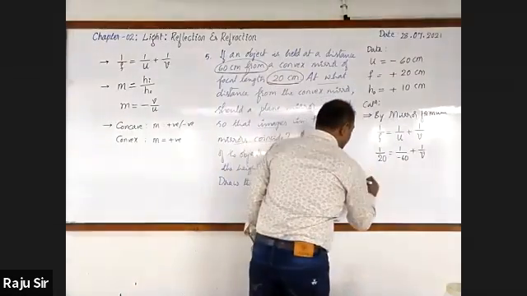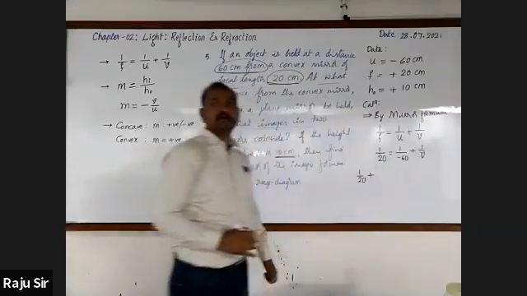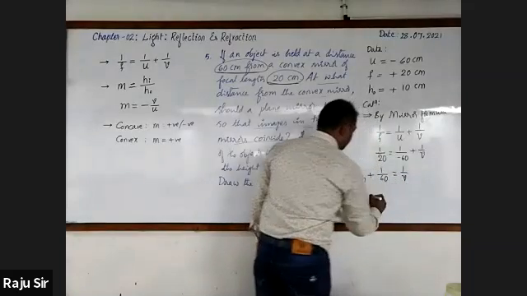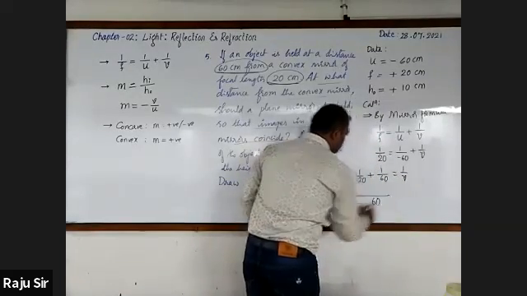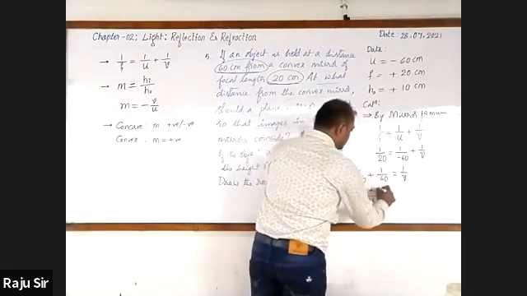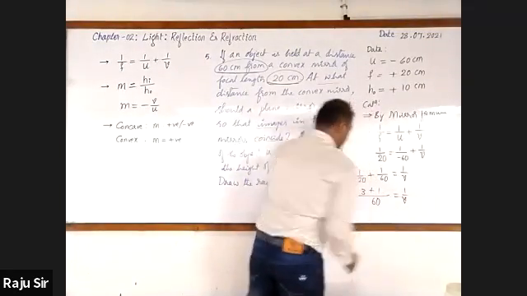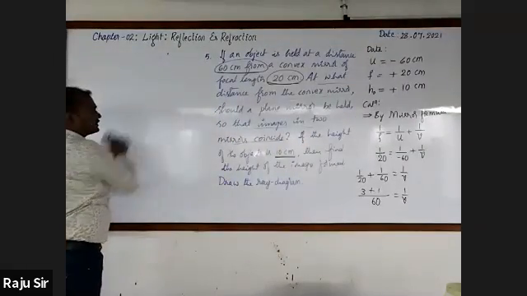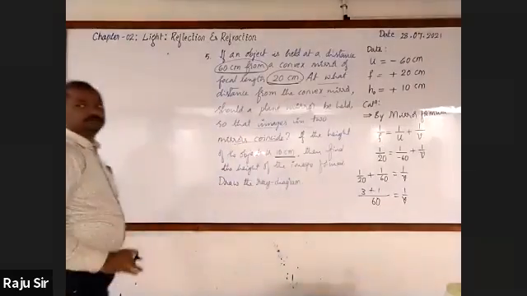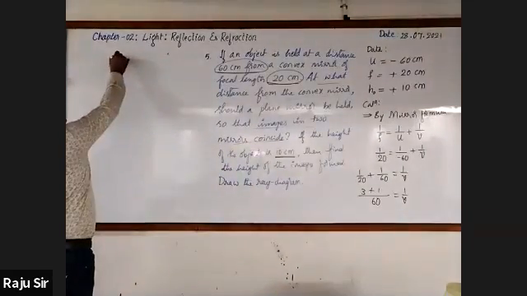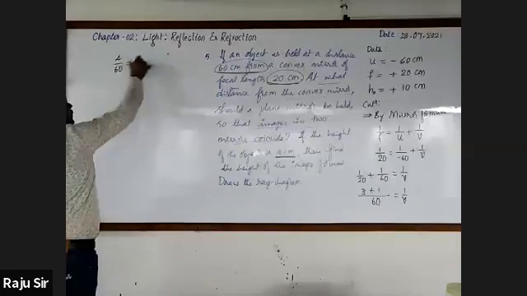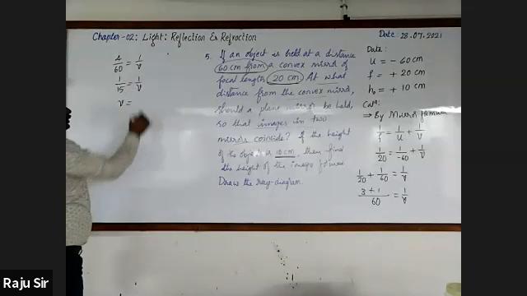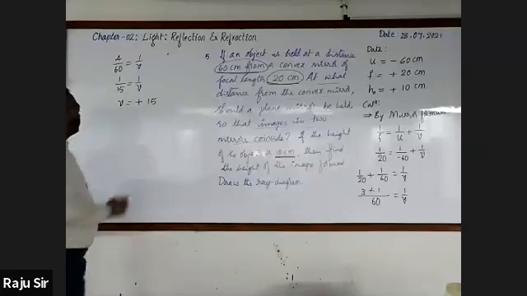Transfer minus 1 by 60 to the left hand side. It becomes plus 1 by 60, which is equal to 1 by v. Take LCM. LCM is 60, then it is 3 plus 1, which is 4 by 60. 4 by 60 is nothing but 1 by 15. So 1 by 15 is equal to 1 by v. v is equal to positive 15.